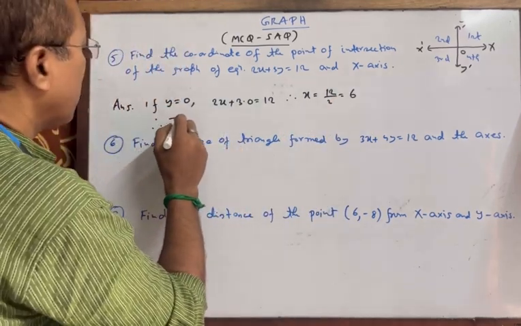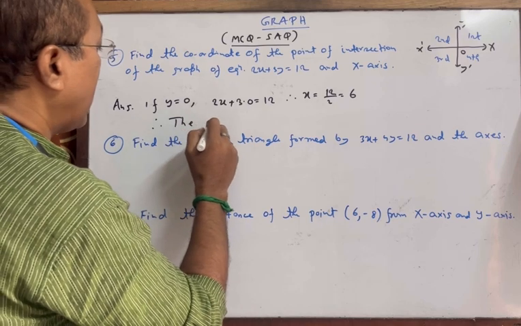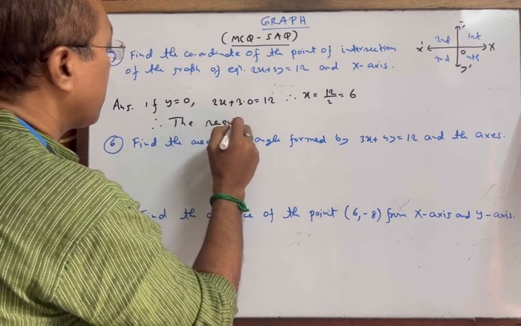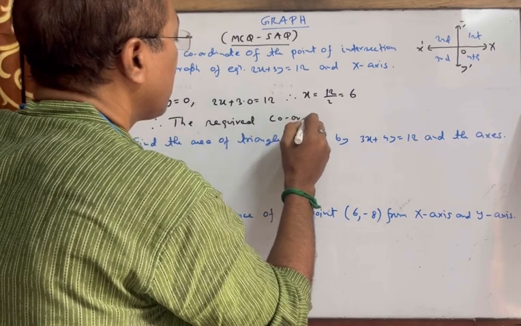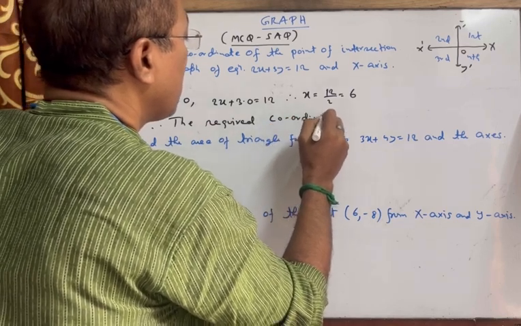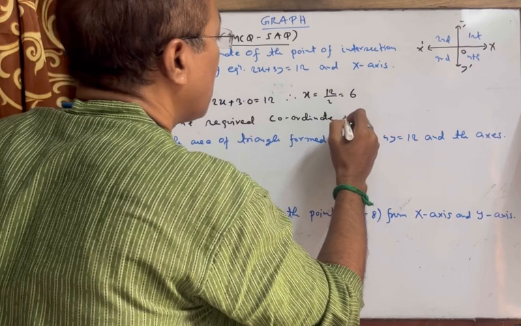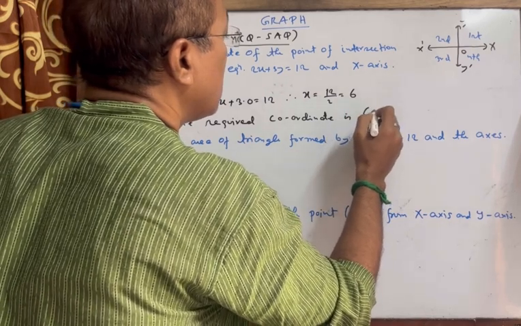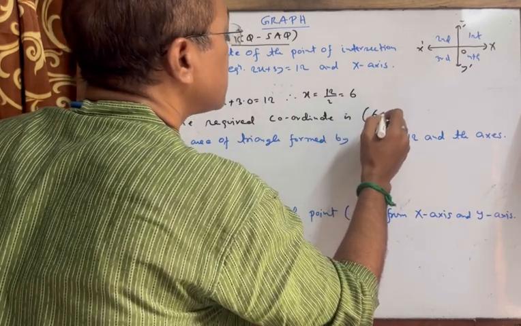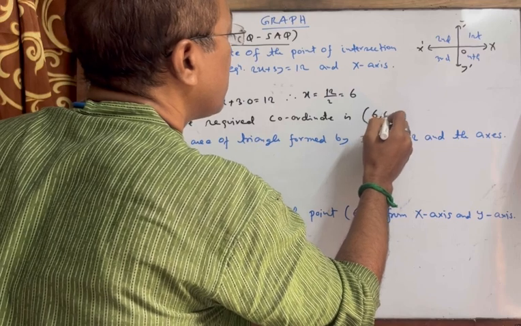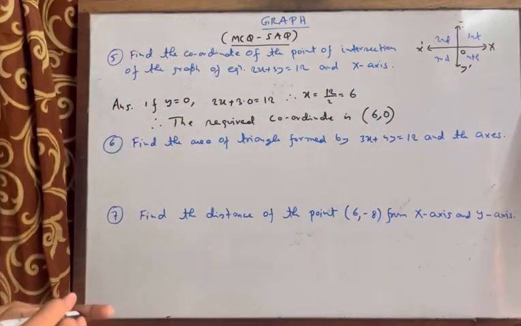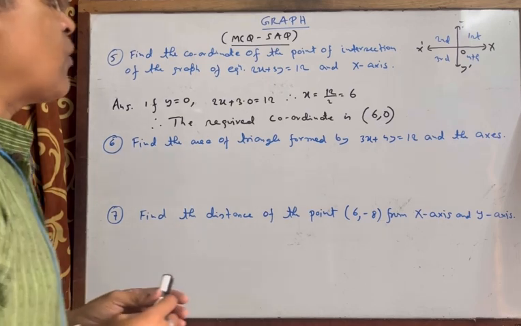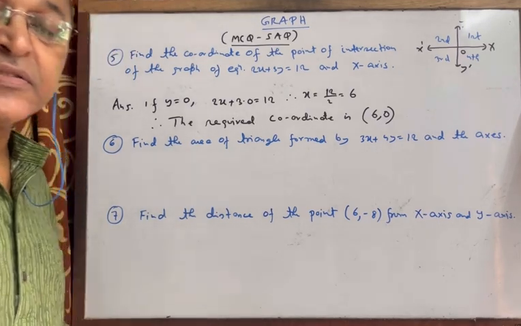Therefore, the required coordinate is (6, 0). So this will be the answer. The required coordinate is (6, 0).